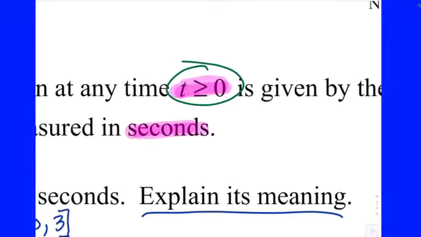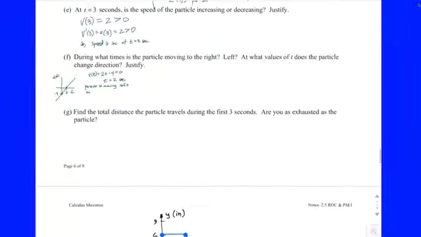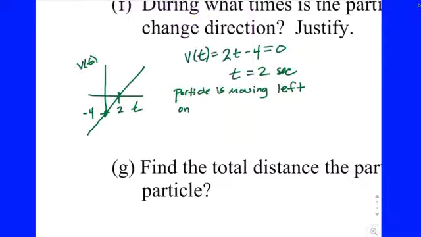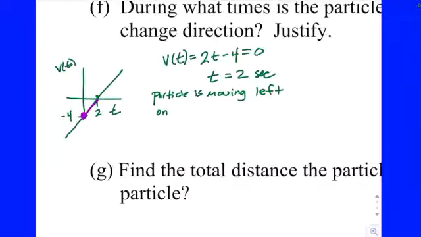So we don't want to say -infinity to 2, but starting at 0, right? Would we want to include 0 in this one? Yes, because what's the sign of the velocity at 0? It's negative.